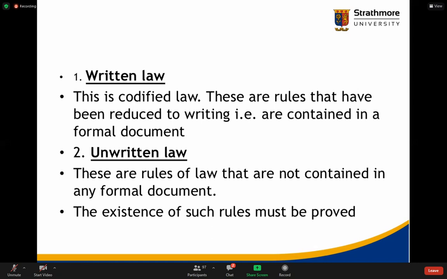We have statutes. When we come to unwritten sources, a common example is customary laws. We have many communities in Kenya, and these communities all have different customs.